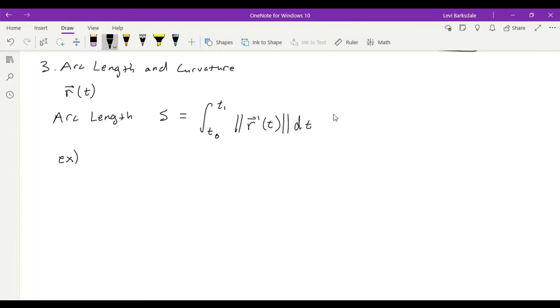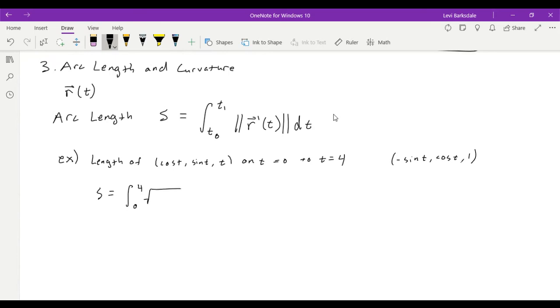For instance, if we wanted to calculate the length of cosine of t, sine of t, t on t equals 0 to t equals 4, you could set that up by saying the arc length is the integral from 0 to 4. Our first derivative would be negative sine t, cosine t, 1.